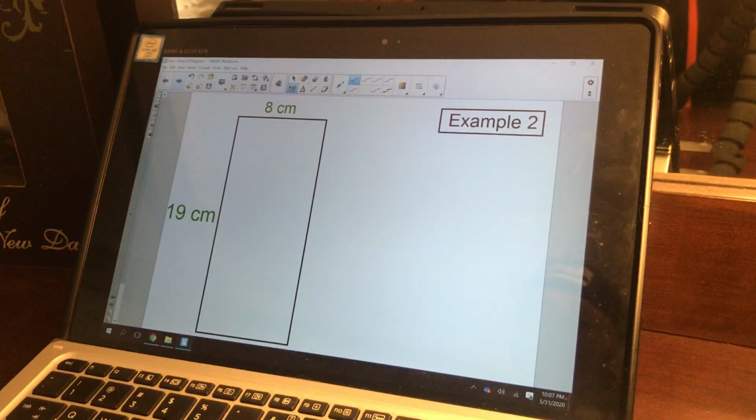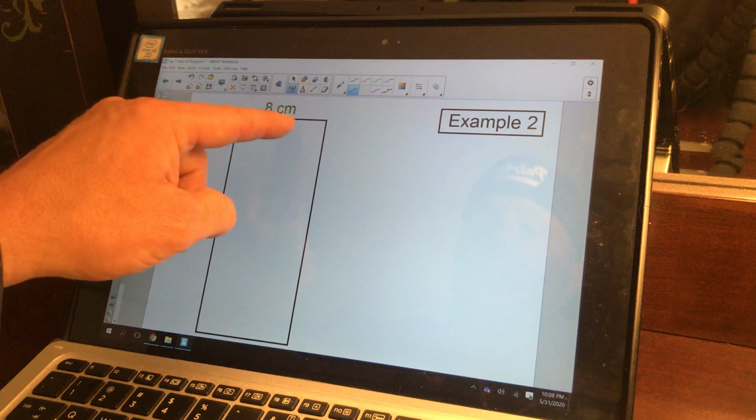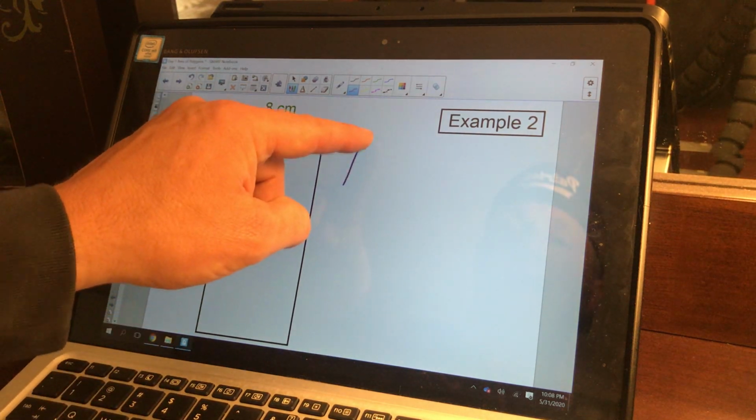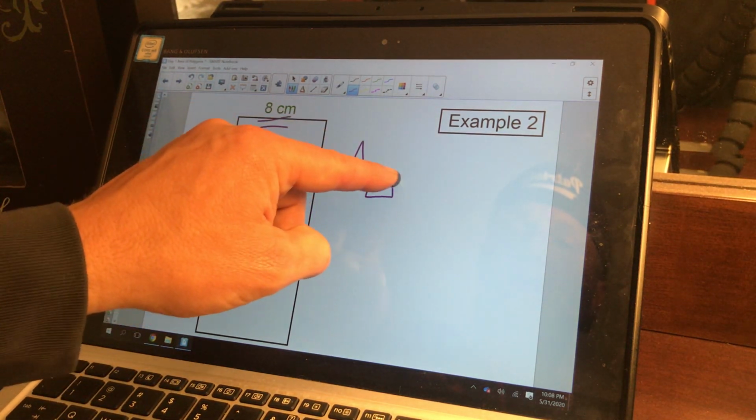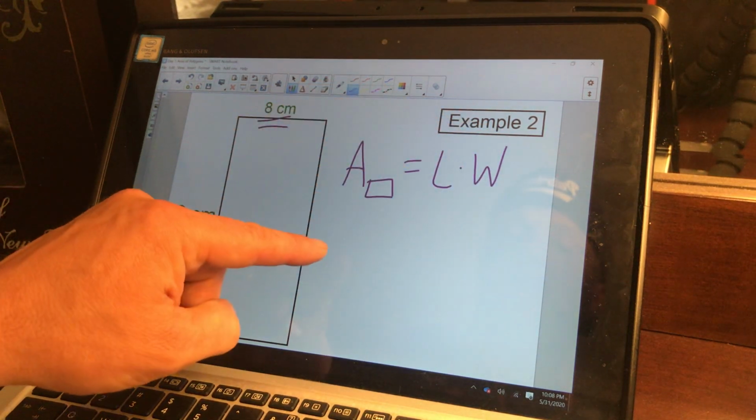Okay, now another four-sided figure. Doesn't have the same length and width, though, like a square did. So the area, this time, of a rectangle. Area of a rectangle is length times width.